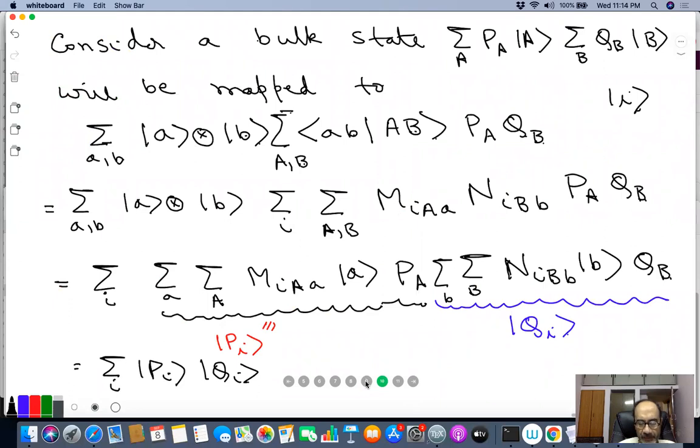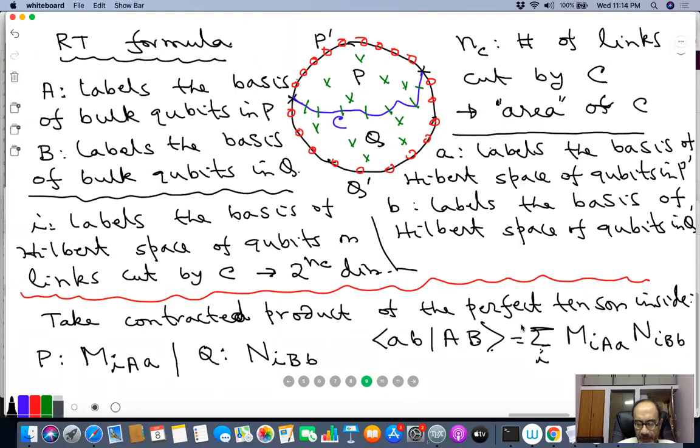Let me be more specific. This quantity that we have defined defines an isometry up to overall normalization.